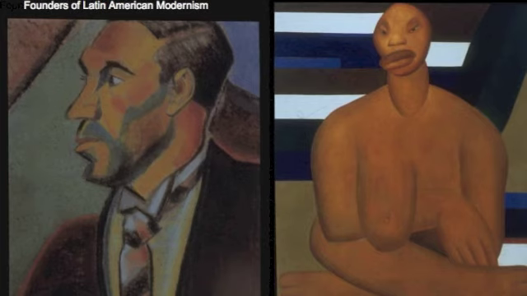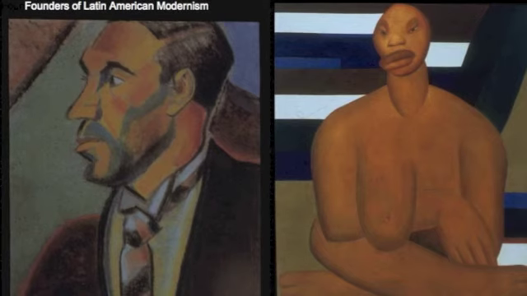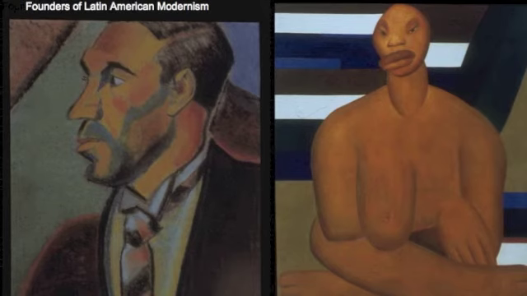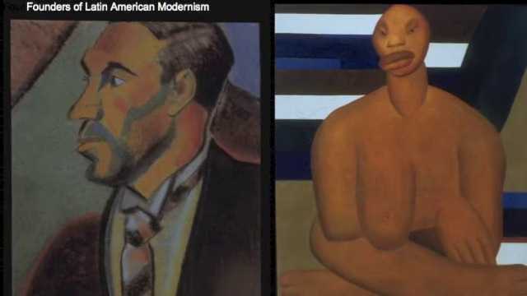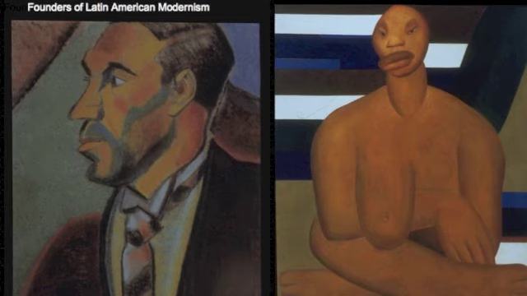Tarsila was, like Pedro Figari earlier, admitting the African roots of the South American soul. A Negra, the black woman here, is definitely, and Tarsila do Amaral, make no mistake, is not an Afro-Brazilian, but she is identifying with this aspect of Brazilian culture that is felt as foundational.